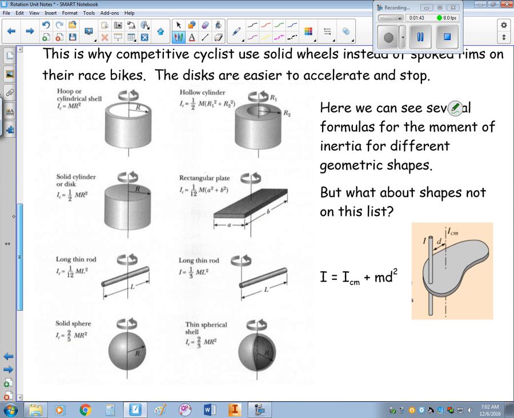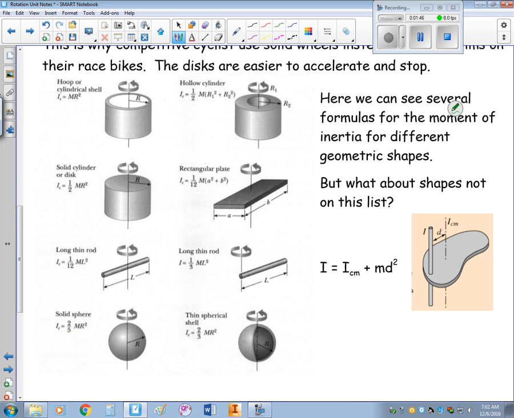Since it depends on the placement of mass, we have several formulas for moment of inertia for different objects. So for a plain ring or a cylindrical shell, it's going to be I equals mass times radius squared.